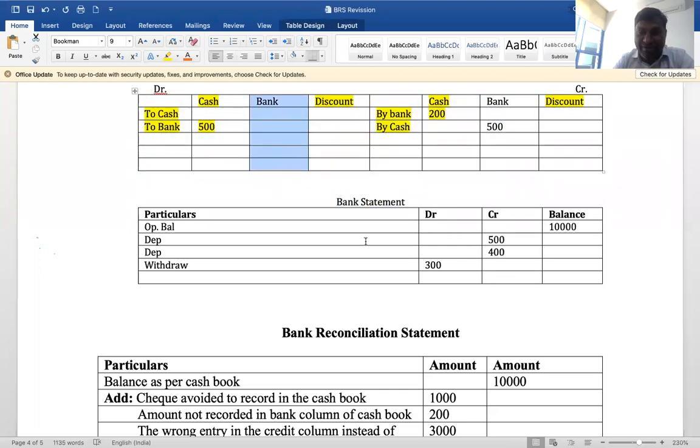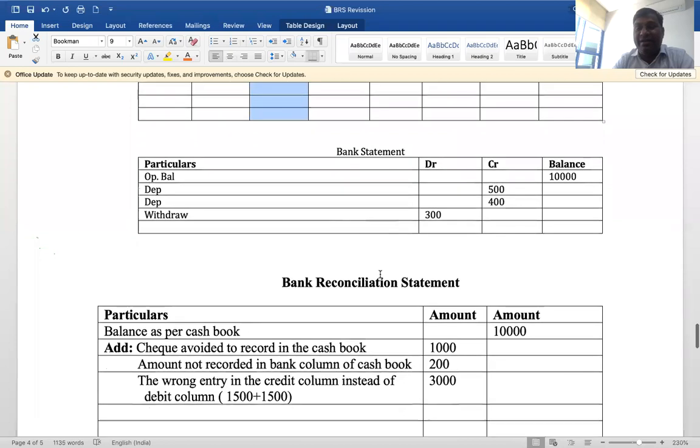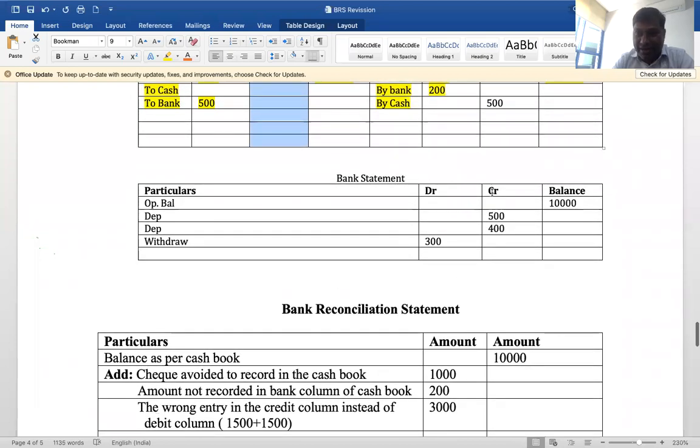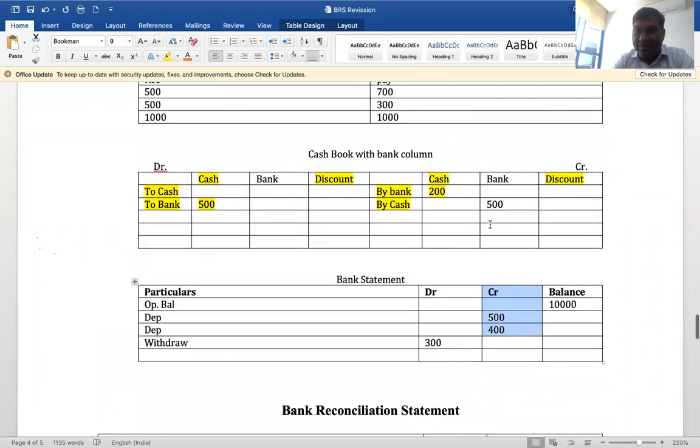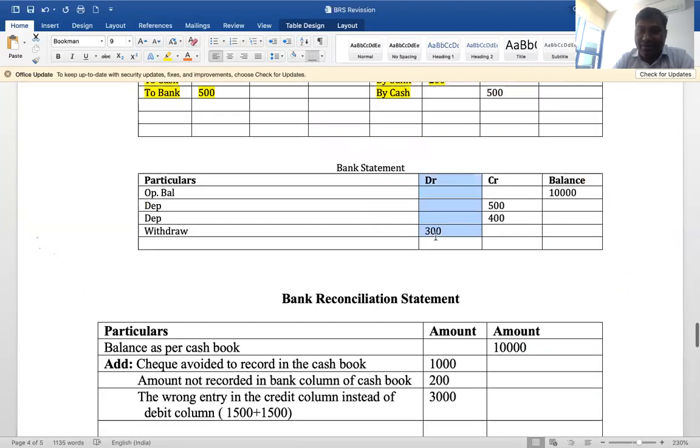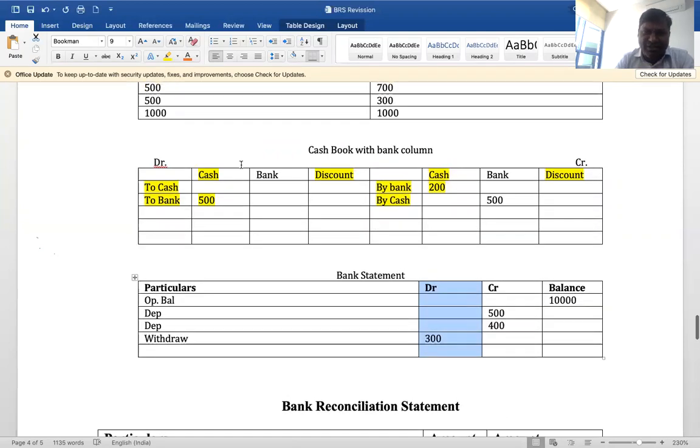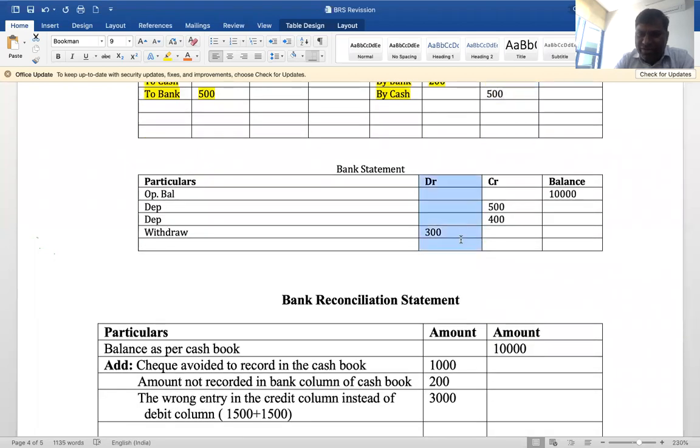This is debit, right? And this debit is credit here, and this credit is debit here, right? That's it. Look at whether these two columns are matching with these two columns or not. That's all we do. That is why it is bank reconciliation statement.